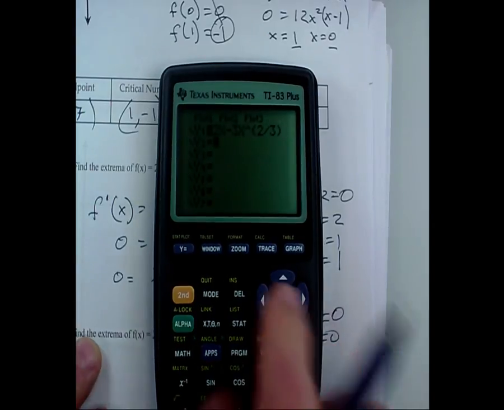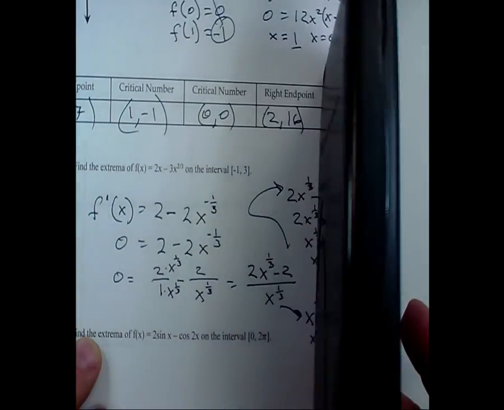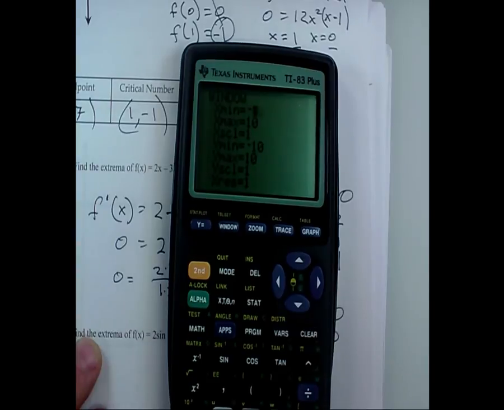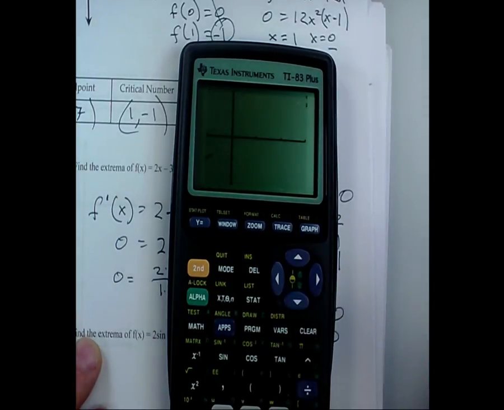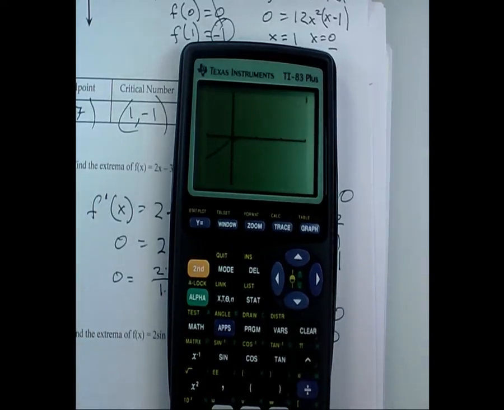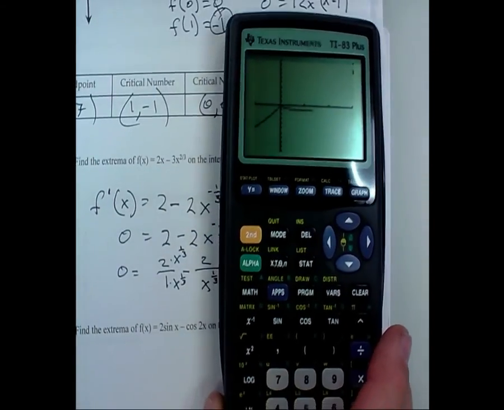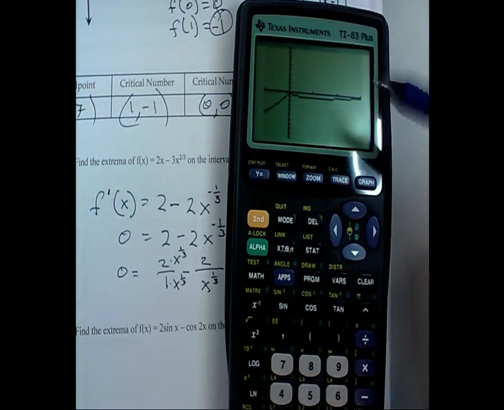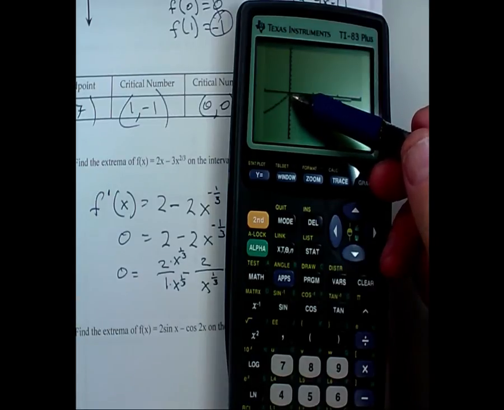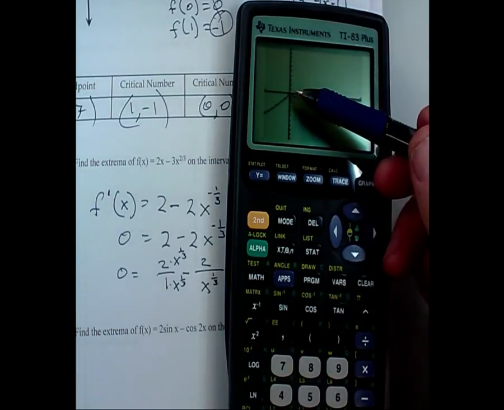Okay, and so then I go to my window, and I'm making my window, my interval from -1 to 3, and I graph it. It looks like this. Can't see it. Looks like this. You see this spot here? That's a sharp point.